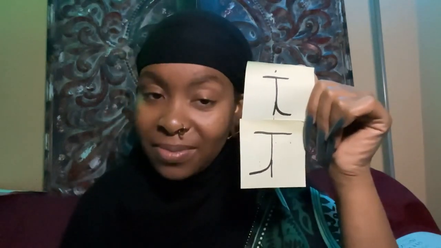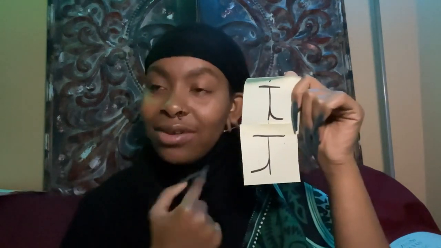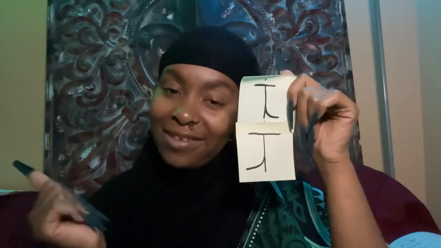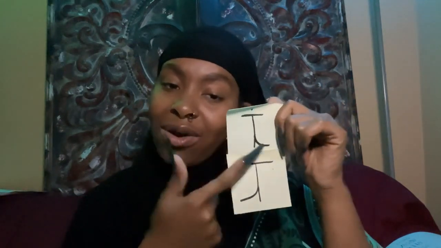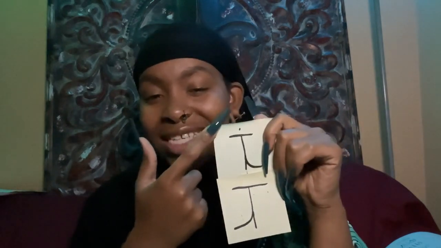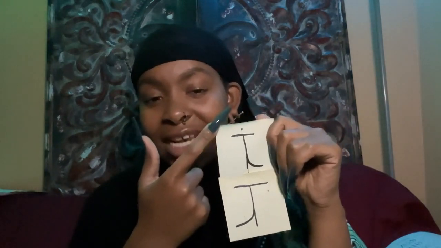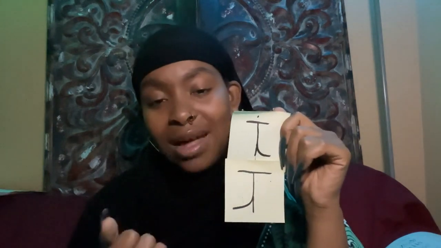What are these? Which one is which? How do you know? This is che, or KH, and this is regular K sound. Che, going to the left, long story short, it has a dot on the top. That is che, and the one without the dot on the top is ke. Che, ke, okay?